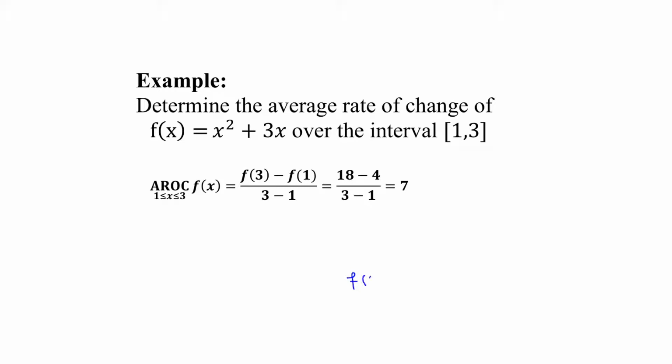F of 3 is 3 to the power of 2 plus 3 times 3, which is 18. F of 1 is 1 to the power of 2 plus 3 times 1, which is 4. Therefore, the average rate of change of f of x over the given interval is 18 minus 4 divided by 3 minus 1. That is 7.